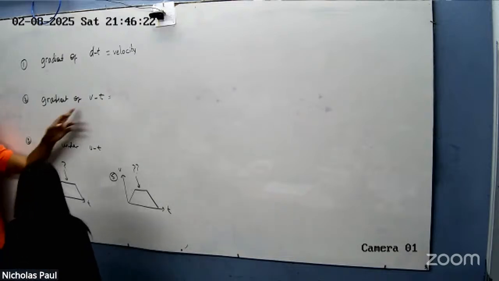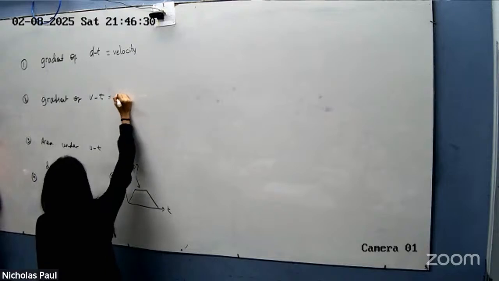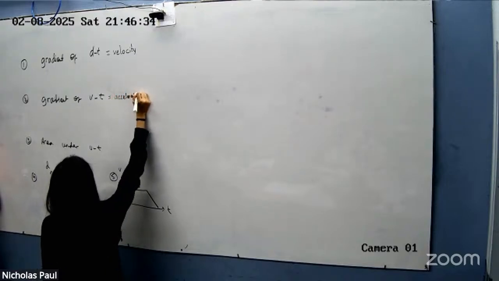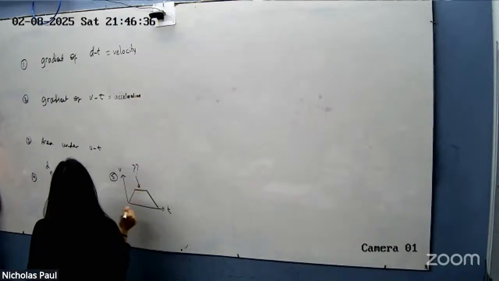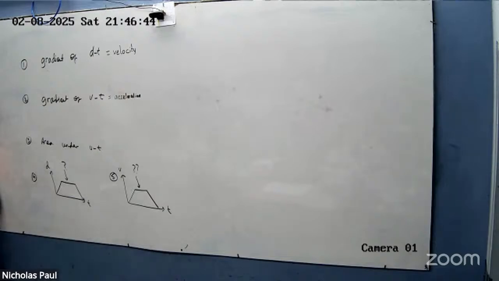What is velocity divided by time? Area under the graph. Anybody else? Area under the graph.